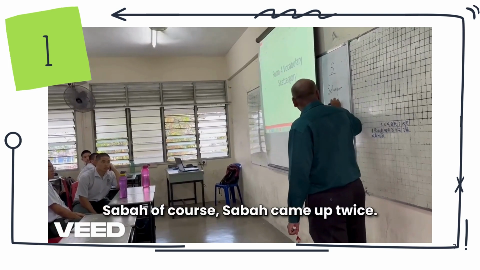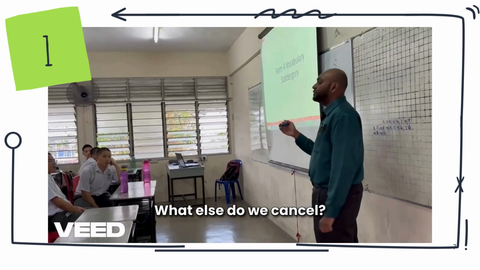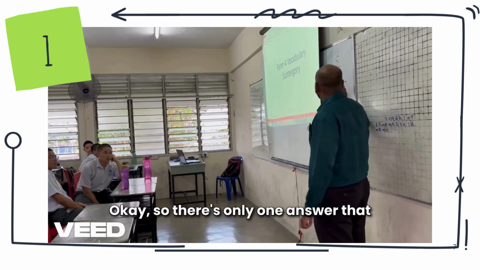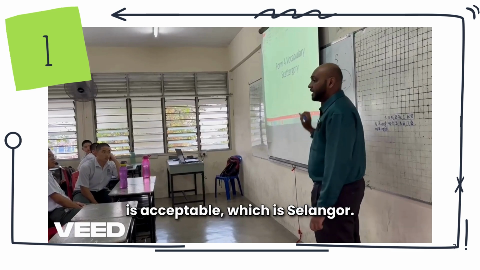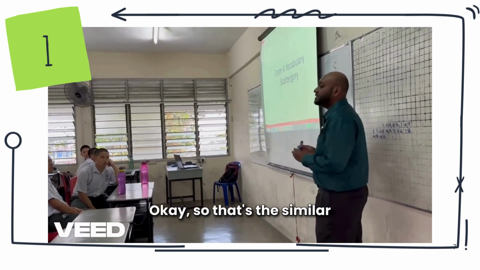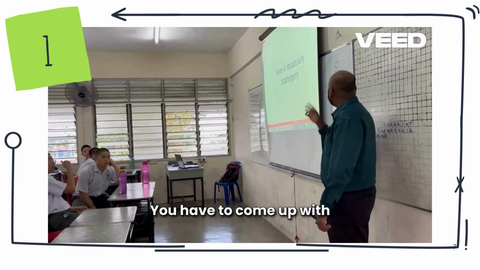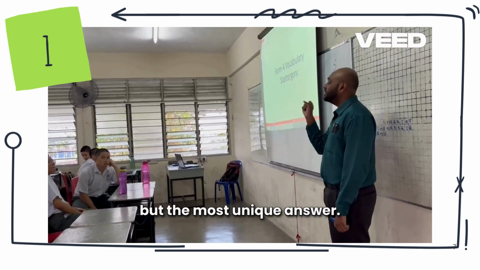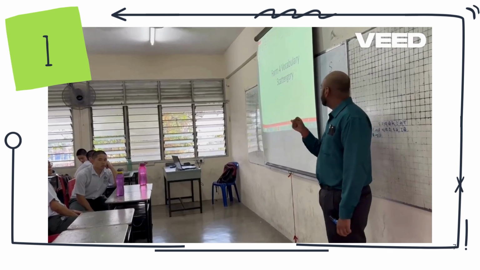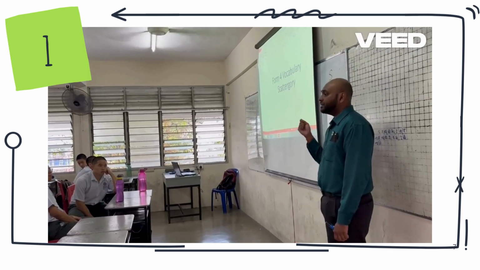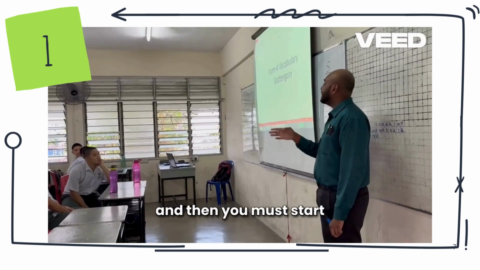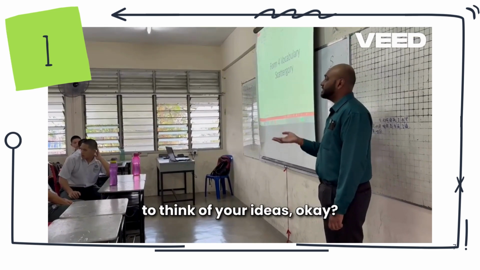Sabah, because Sabah comes up twice. What else do we cancel? Sarawak as well. Okay. So there's only one answer that is acceptable, which is Selangor. Okay. So that's the similar thing that you have to do. You have to come up with the most unique answer, not just the correct answer, but the most unique answer. Okay, class, are you ready? Okay, please start. Now I'll show you the categories, and then you must start to think of your ideas. Okay?